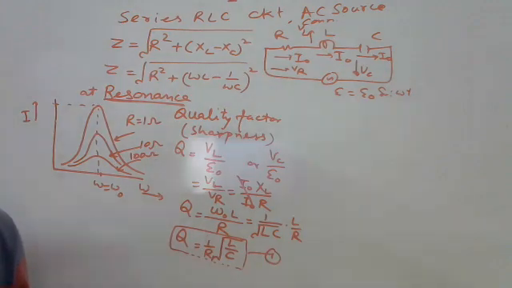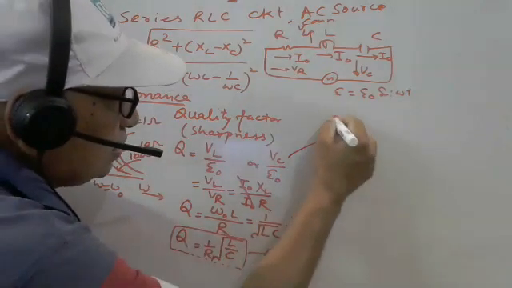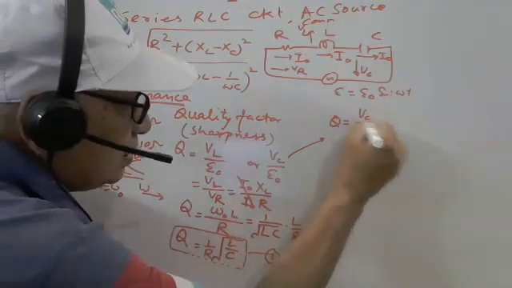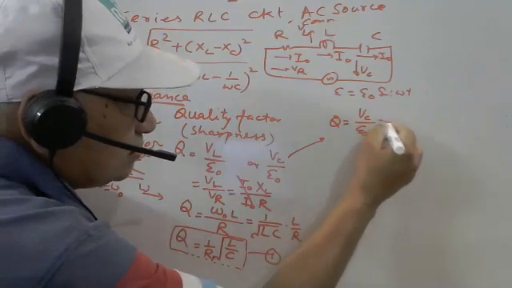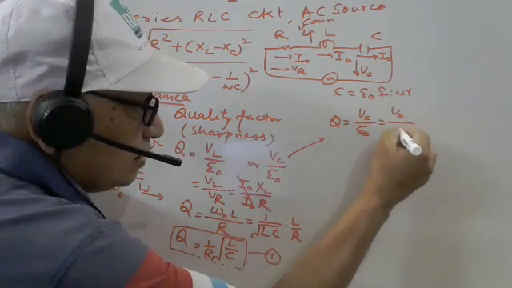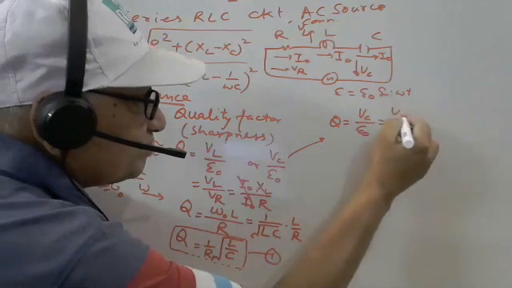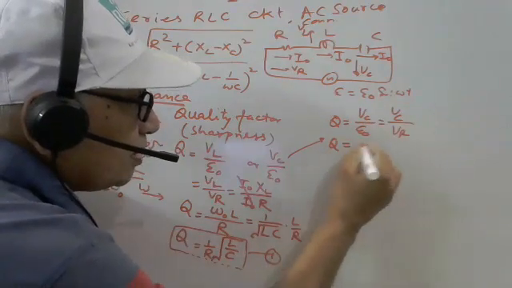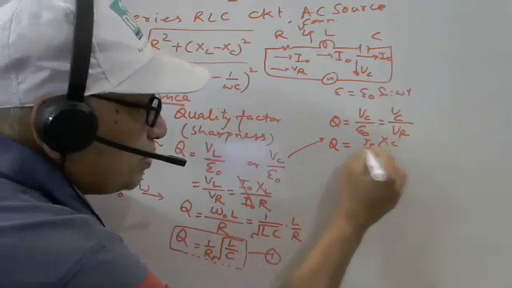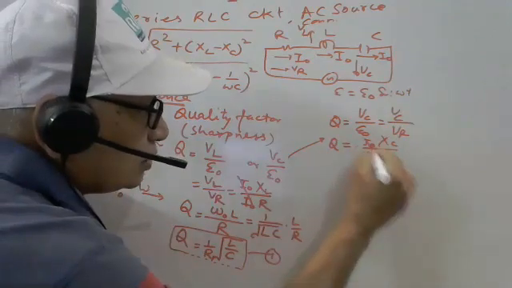Any doubt, please tell me. If we take VC, we are getting the same thing. See, the quality factor here is VC upon E naught, which is equal to VR, or I naught XC upon I naught R. I naught also cancels out.